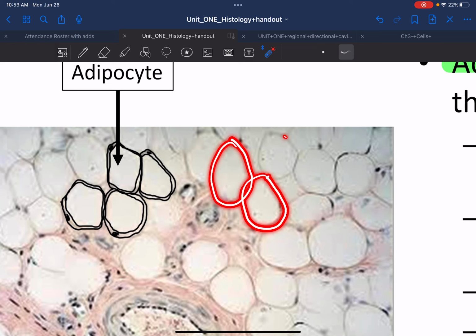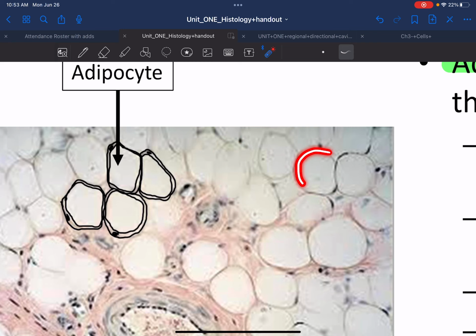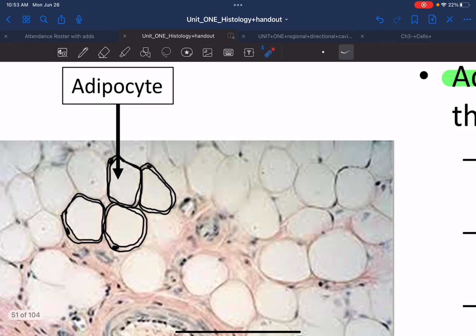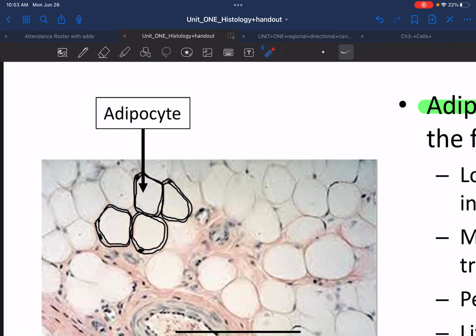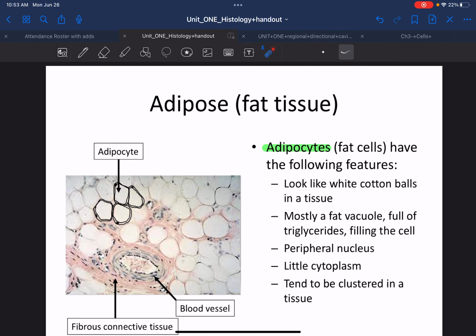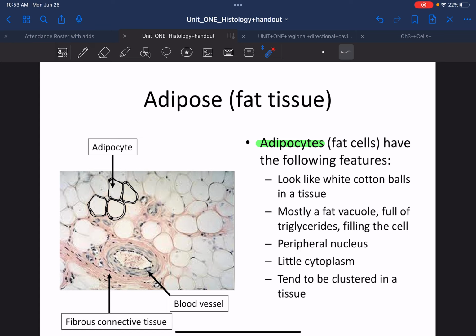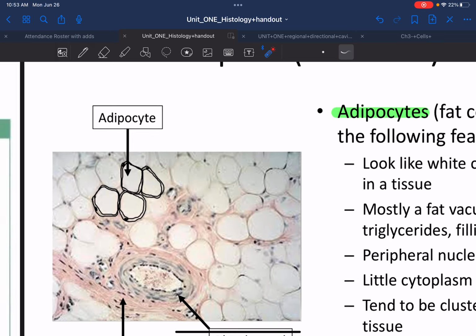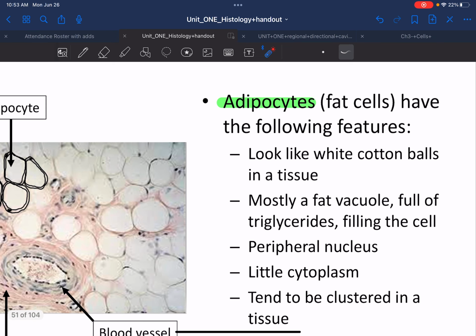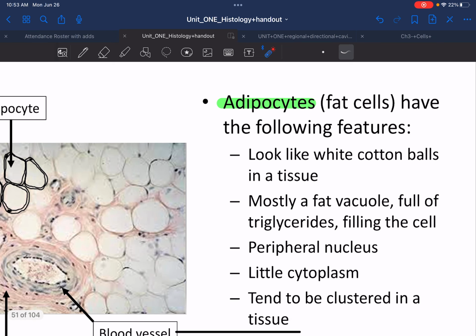All together they make fat tissue or adipose tissue, but the cells, just one of them, are called adipocyte. The structure on the inside is called a vacuole, a fat vacuole. And it stores fat molecules.